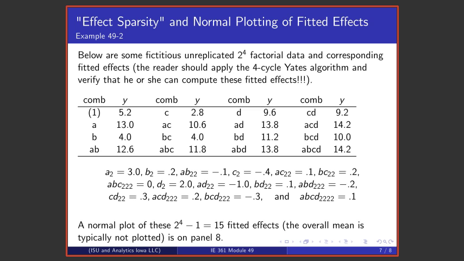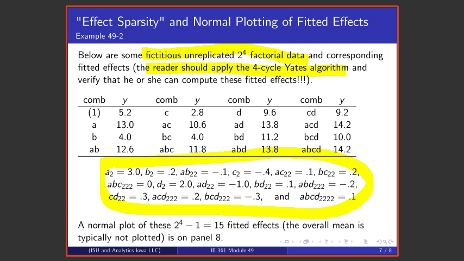So here are some fictitious, unreplicated 2 to the 4 factorial data. The reader ought to go off, or the listener ought to go off, and apply the 4-cycle Yates algorithm to make sure that one can come up with these fitted effects from those unreplicated 2 to the 4 factorial data.